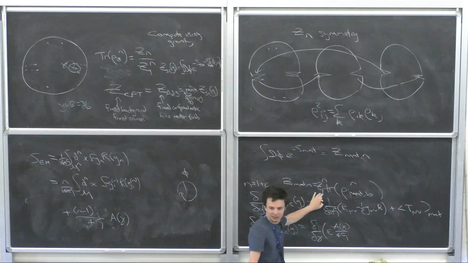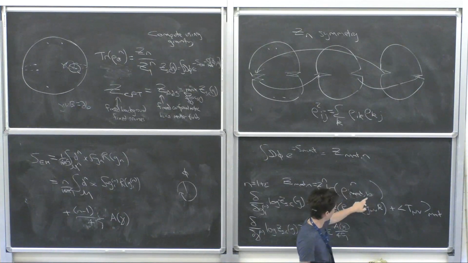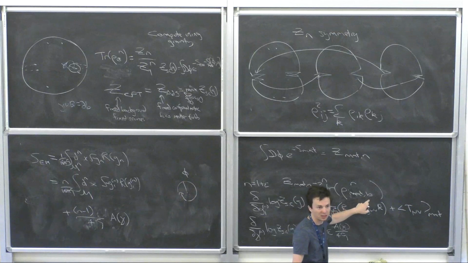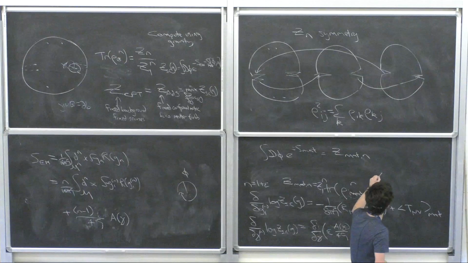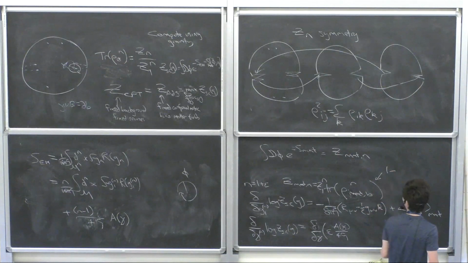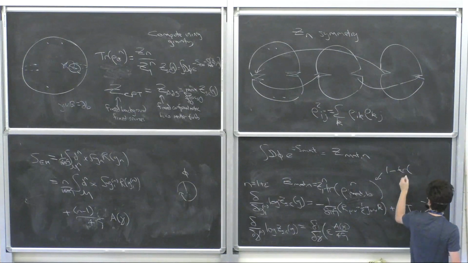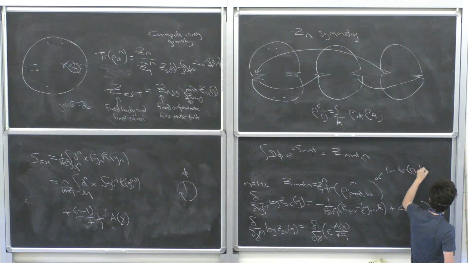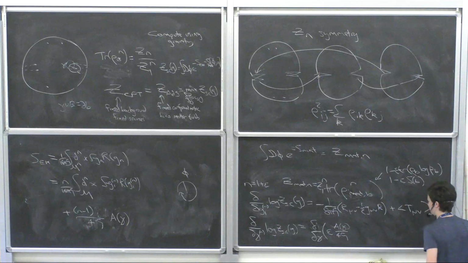Again, this thing doesn't depend on gamma. And finally, we have this thing that does depend on gamma, because it's the density matrix of little b, and little b is bounded by gamma. When n is close to 1, to order epsilon, this thing is just equal to 1 minus the trace of rho_b log rho_b. In other words, it's just 1 minus epsilon times the entropy of little b.